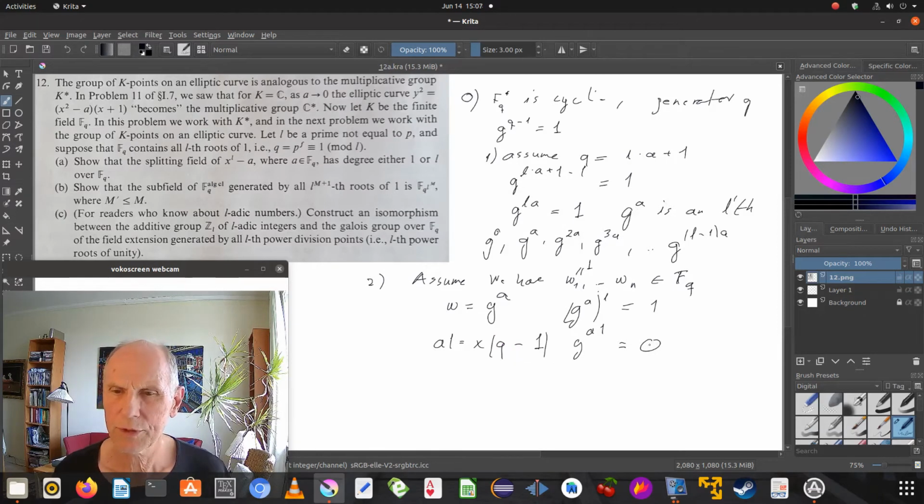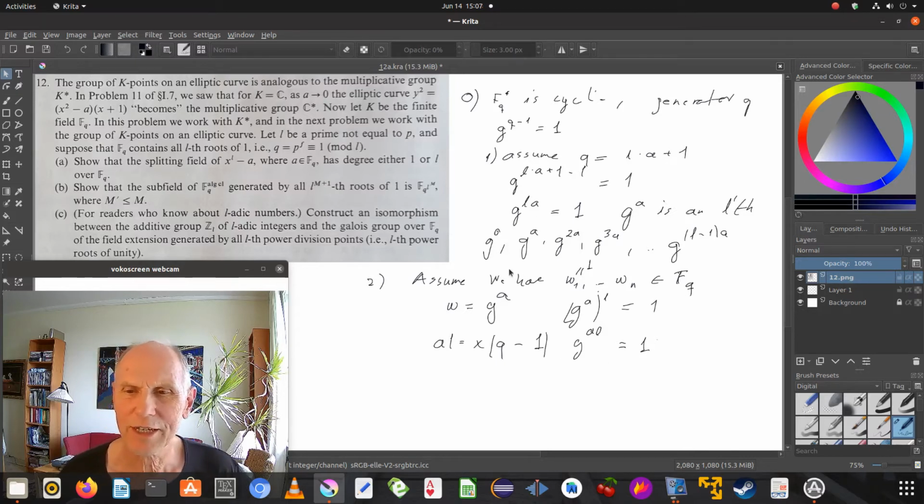Oops, this should be unity. It should be quite analogous, or the opposite of what I've done up here. I can't see right now why it doesn't add up.